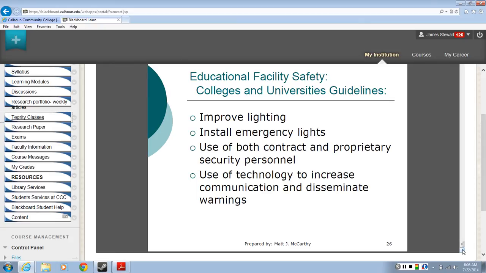IT security is also important in colleges and universities, because people may try to hack in and redirect maybe a student loan funding or something like that to a different account, in order to get some reward or something like that. So it is definitely a unique type of facility.